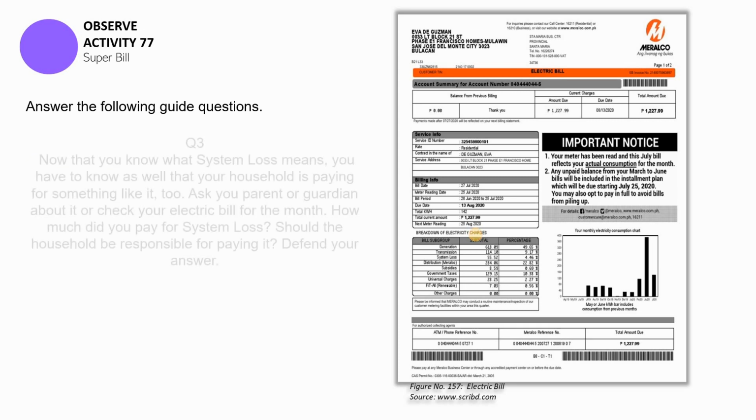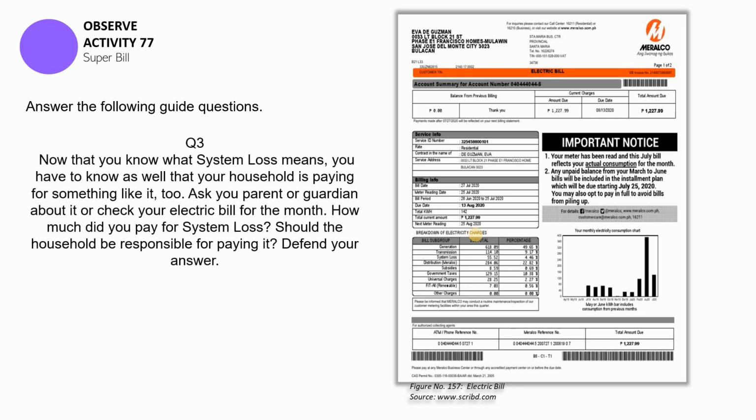Question number 3. Now that you know what system loss means, you have to know as well that your household is paying for something like it too. Ask your parent or guardian about it, or check your electric bill for the month. How much did you pay for system loss? Should the household be responsible for paying it? Defend your answer.